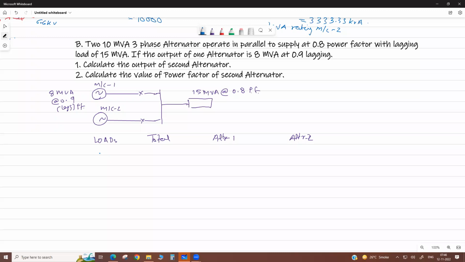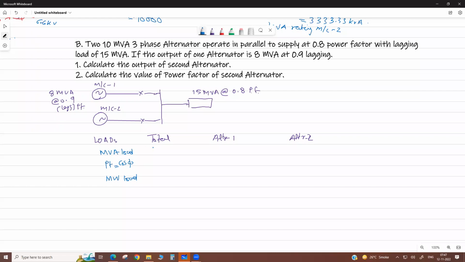Total load in megawatt: it is given in mega volt ampere, then with the power factor, that is cos phi, we can calculate the megawatt load.